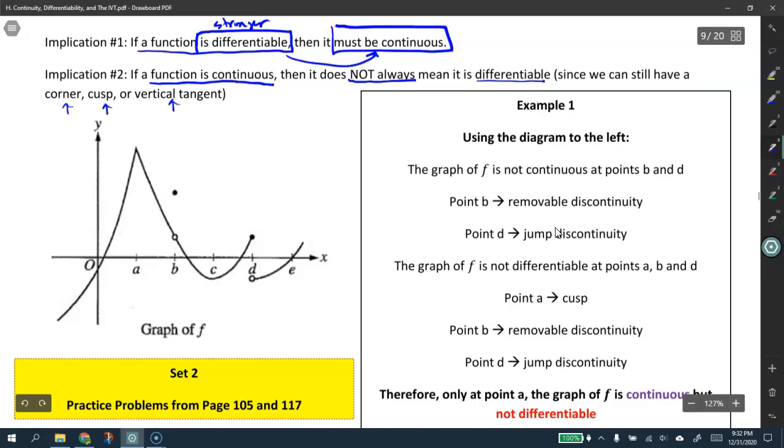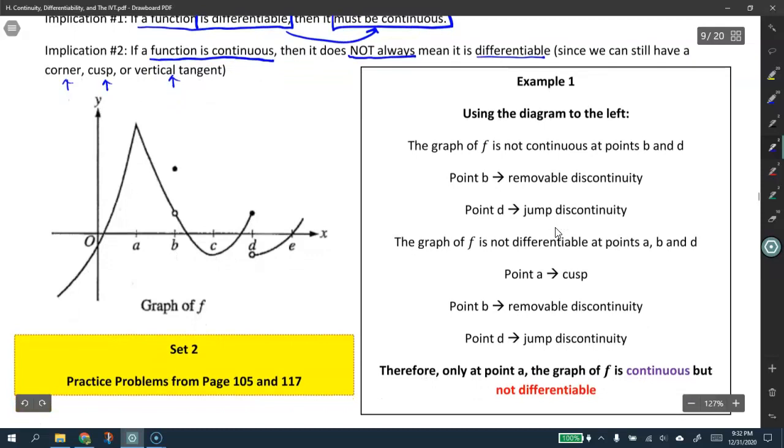Okay, so what I've got for you here is a very quick diagram to take a look at. And on the right side, I've told you what exactly is the problem at different points along the diagram. All right, so here is a graph of f. Now notice that the first interesting point to us would be A, right?